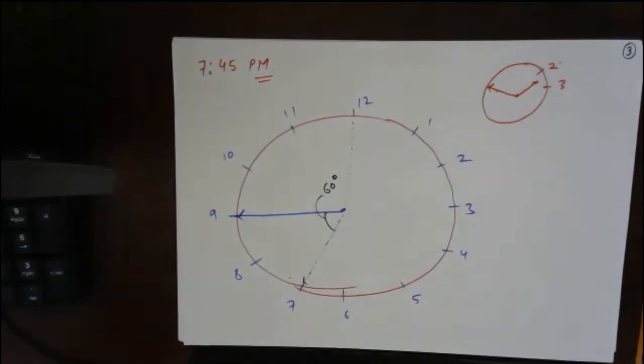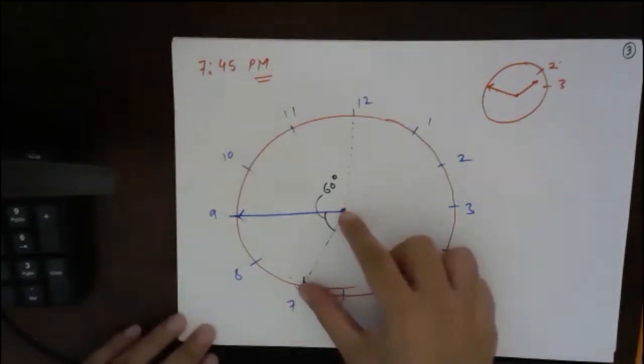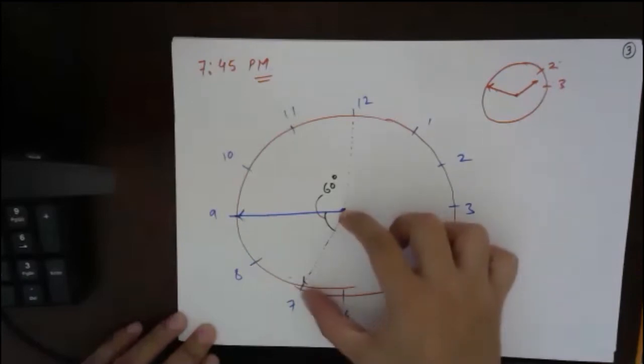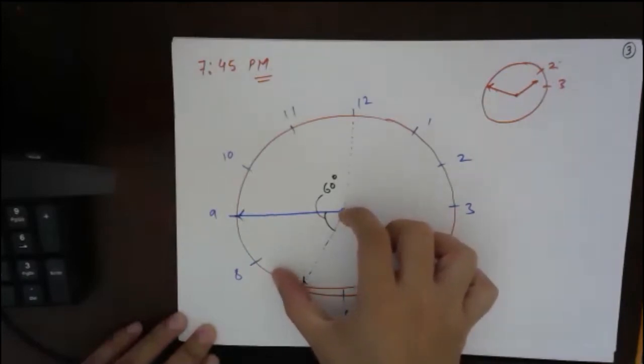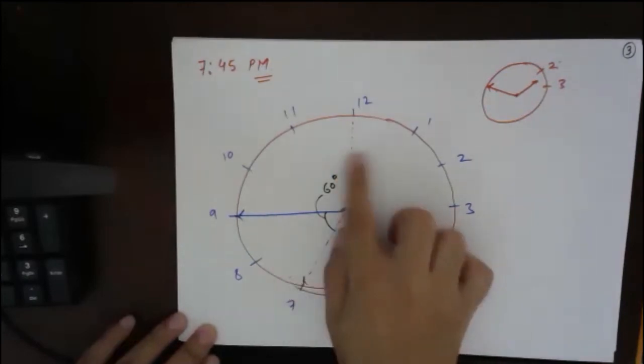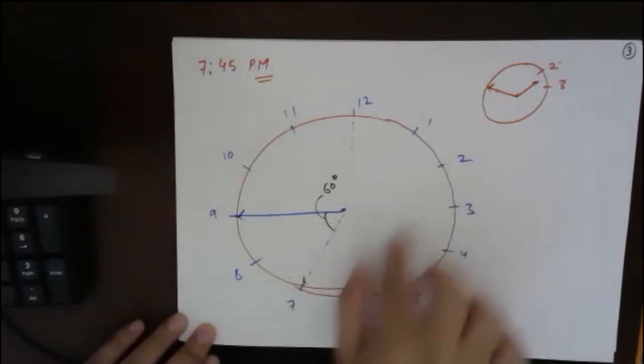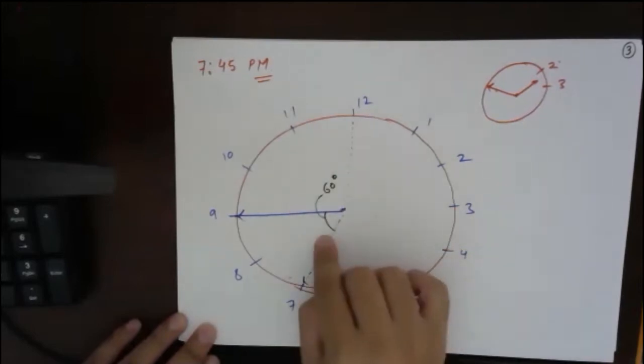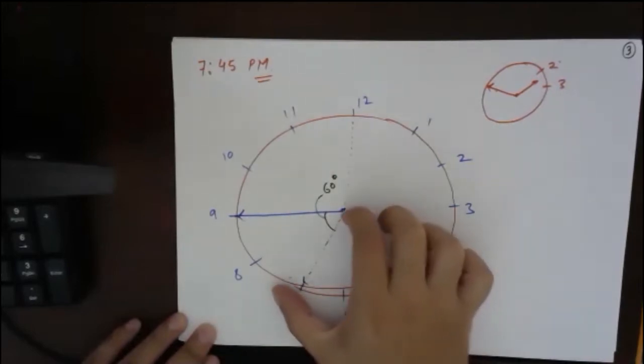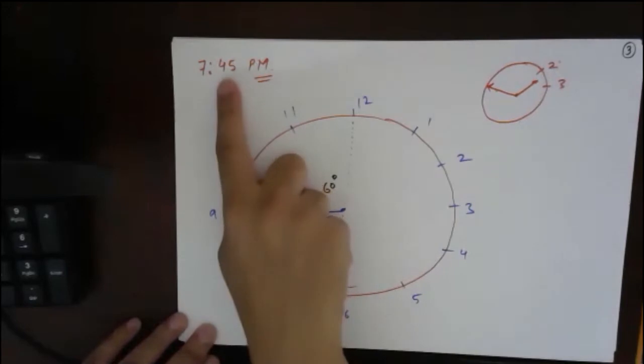Now what is happening is that the hour hand is moving. How much time has the hour hand moved after 7? What is the time right now? 45 minutes.